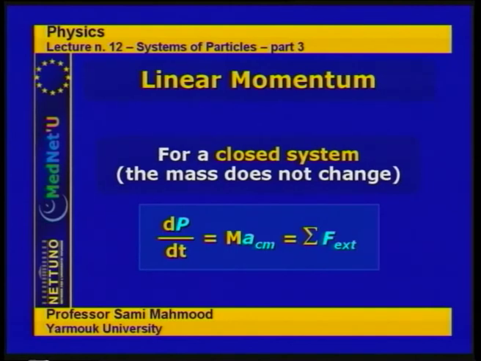And from Newton's second law for a system of particles that we mentioned previously, which states that the summation of the net external forces acting on the system is equal to the total mass of the system multiplied by the acceleration of its center of mass, coupling these two together, we will obtain the result that dP by dt for the system of particles is equal to the summation of the external forces acting on the system.